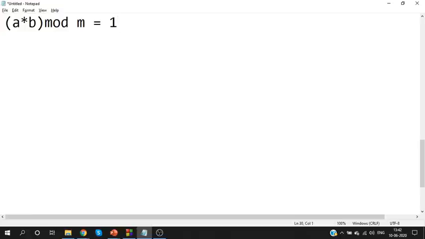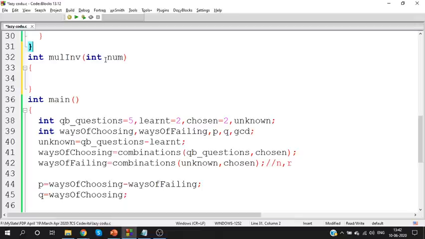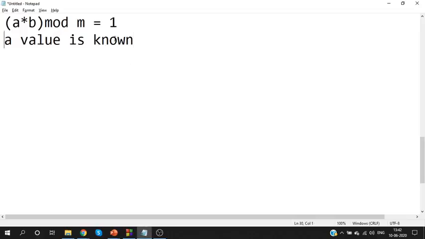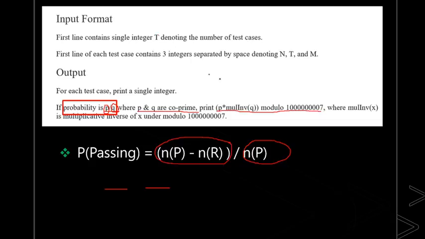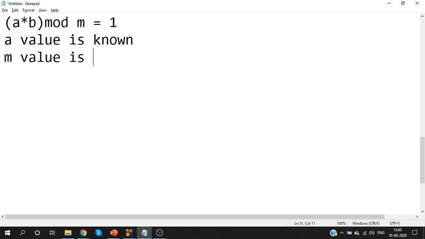Let me say a value is known, because I'm calculating the multiplicative inverse of one number. Let a be some value. The modulus value is also known. What is the modulus value? They have said here modulus of 1 followed by 8 zeros followed by 7. So m value is 1, followed by 8 zeros, followed by 7.